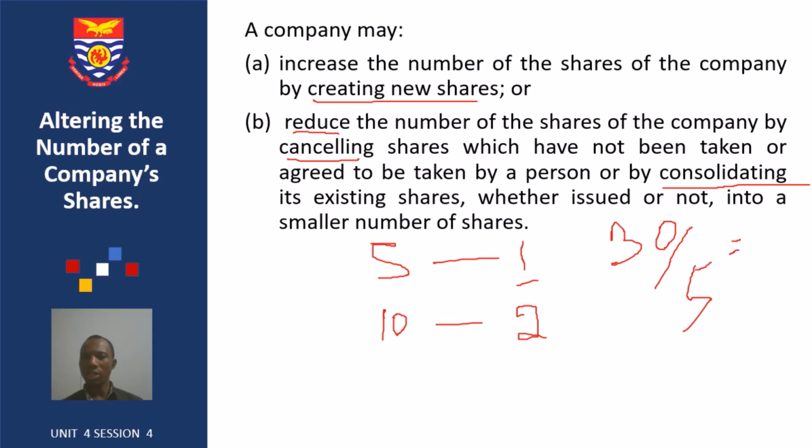So the person will no longer hold 30 shares, but rather the person will hold 6 shares. This is what you mean by consolidation, that you reduce the number of shares.